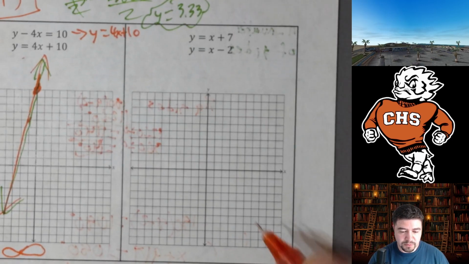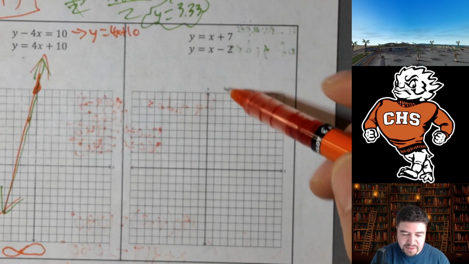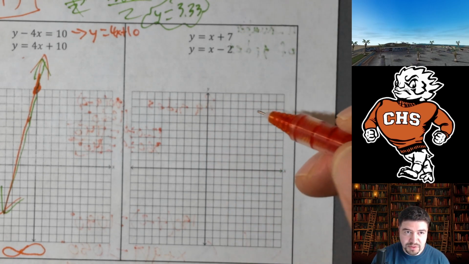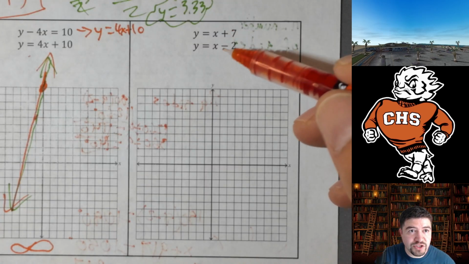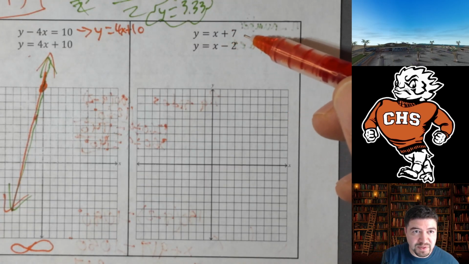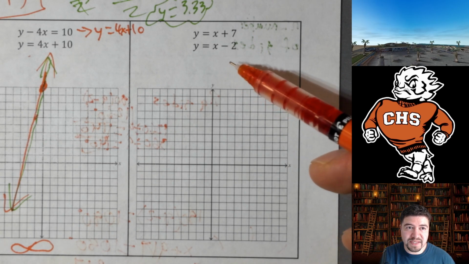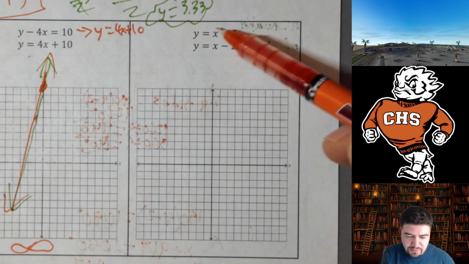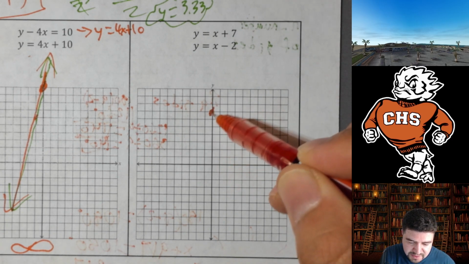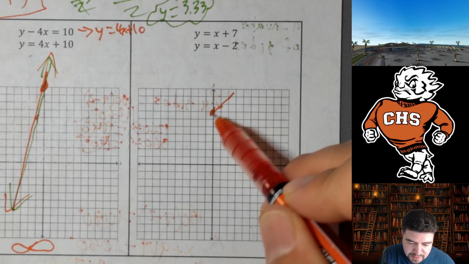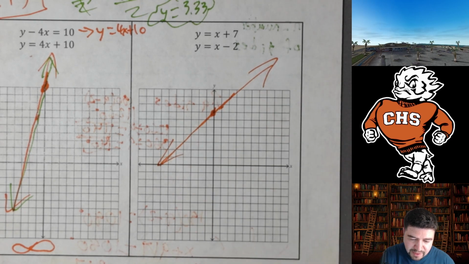Okay, so looking at this one, you can see a very similar thing happening, but also a little bit different. Up here, our equation is y equals x plus 7. The bottom one is y equals x minus 2. So the slopes are the same again, but the y-intercepts are a little bit different. This looks like 7, I don't know. And the slope is 1, so it'll look like that.